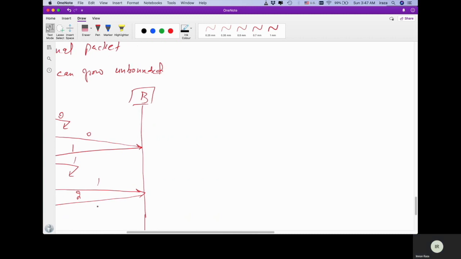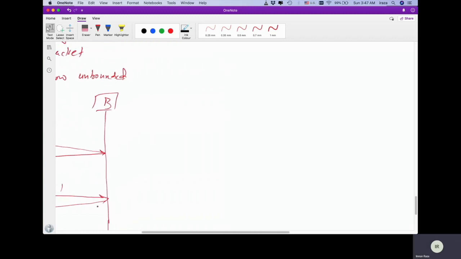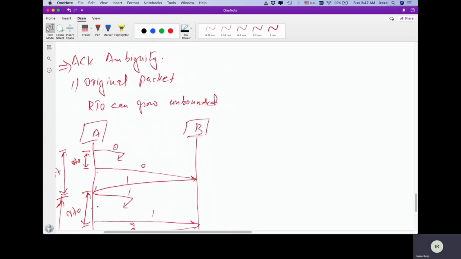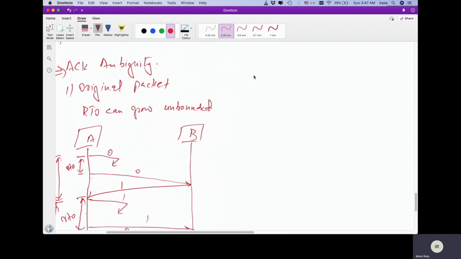Clear? This is the acknowledgement ambiguity problem in the case where we associate the acknowledgement with the original segment, and there is a loss, and the RTO can grow unbounded.